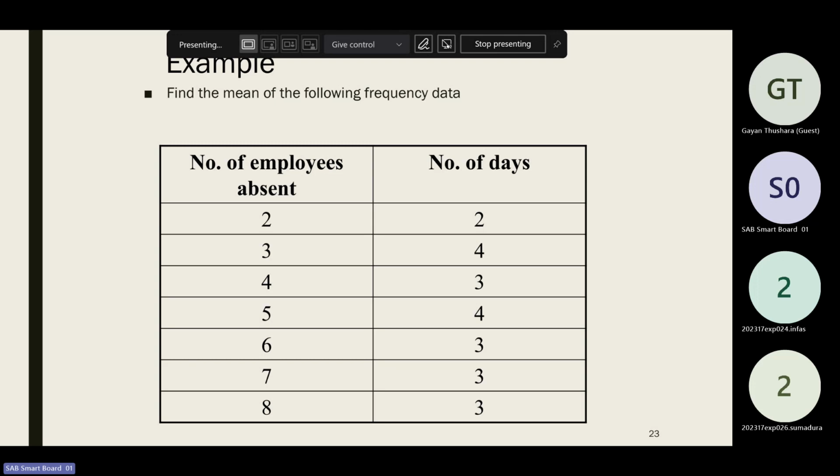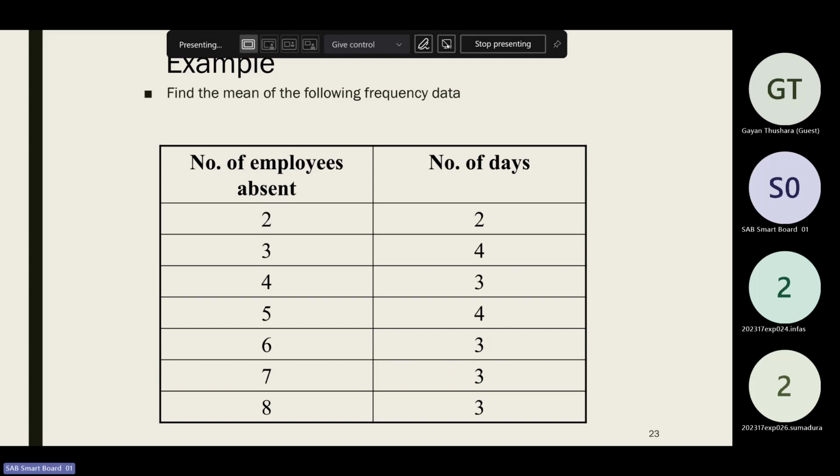So this is also the second problem in the problem sheet, right? Number of employees absent and number of days. Right. So now the data set observed values are single values with the number of days. So this is frequency type data also given.